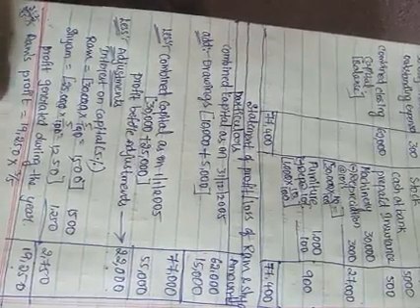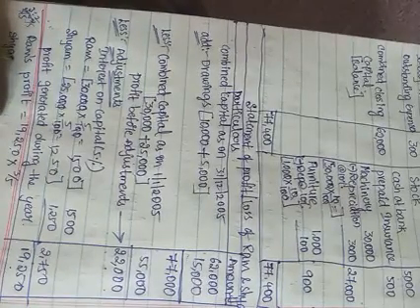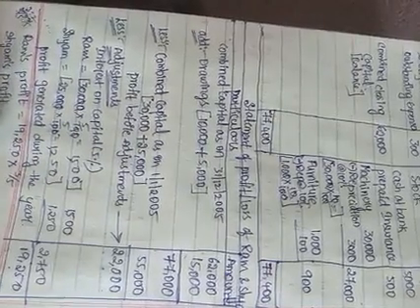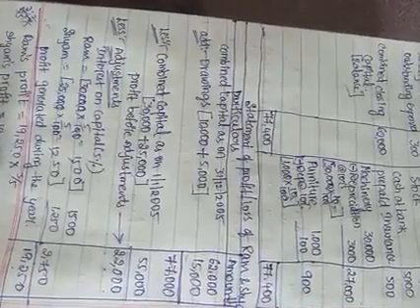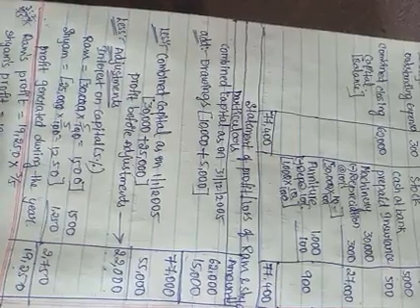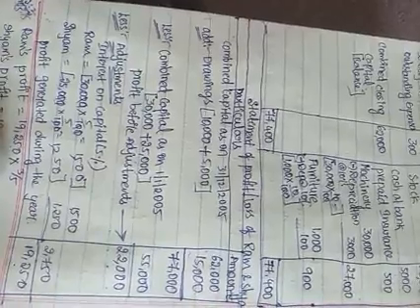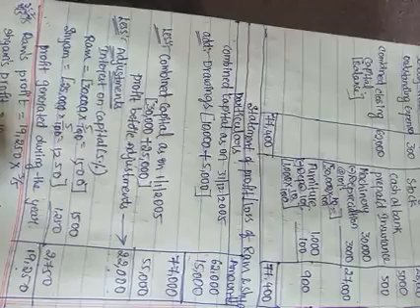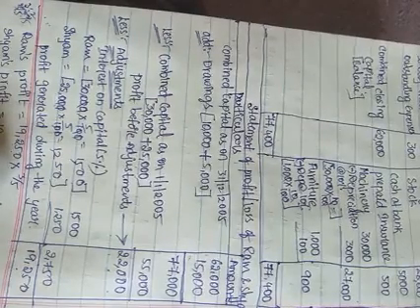Next is Sham's profit. Sham's profit is equal to 19,250 into 2 by 5.